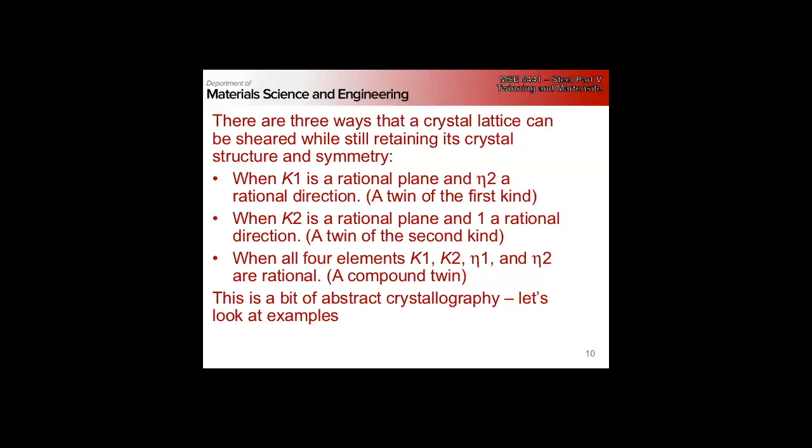But basically, if the twinning plane is a rational plane. So what do I mean by rational plane? The Miller indices are all integers, right? Remember how we make the Miller indices for a plane?